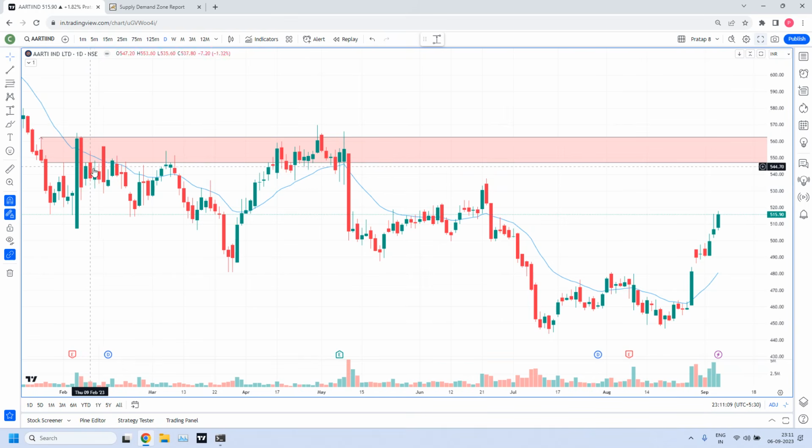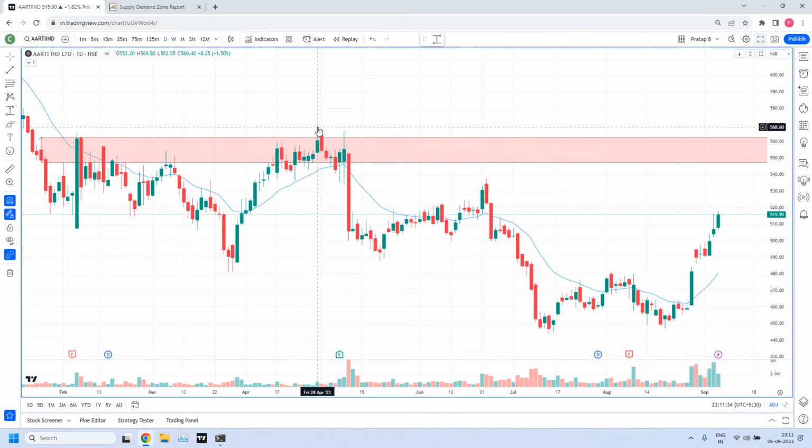Again after that price went into the zone, again came down, went into the zone, again came down. Again look here. Once again it pierced this zone.